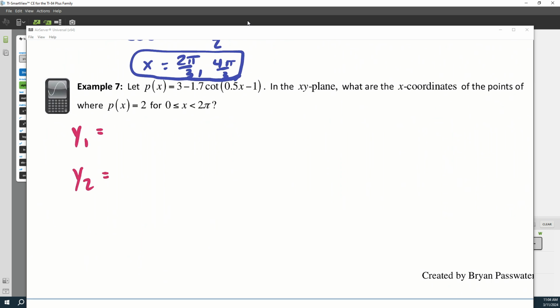Okay, so in y1, we're going to put our p of x. And so that's going to be 3 minus 1.7.